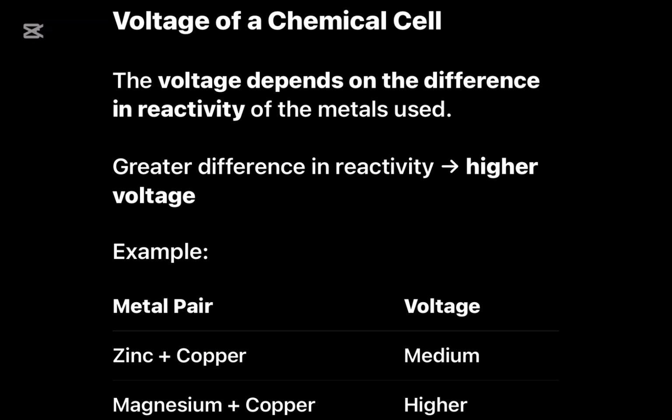For example, if you pair zinc and copper, and magnesium and copper, take note: zinc and copper will produce a medium voltage and magnesium and copper will produce a higher voltage. The question is why? Here is the reason. In the reactivity series, magnesium is more reactive than zinc. So, pairing magnesium with copper gives a higher voltage compared to pairing zinc with copper.